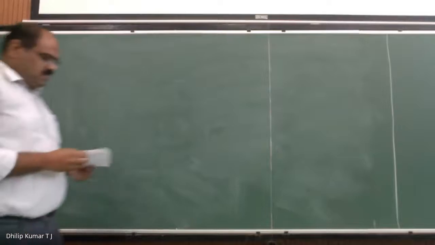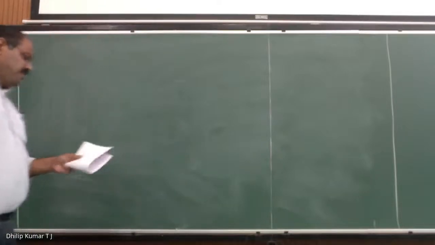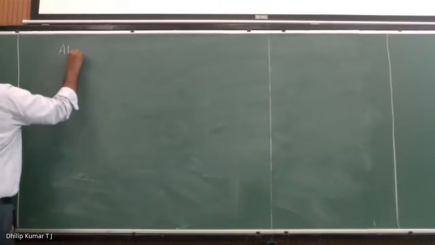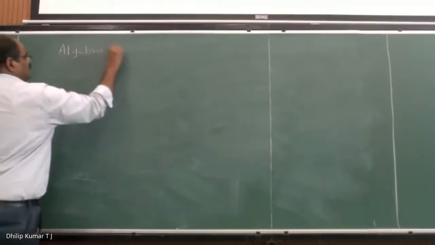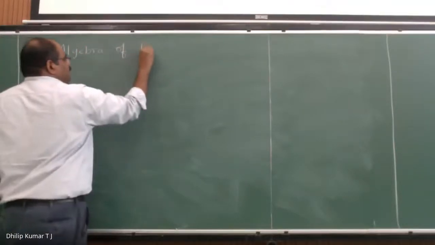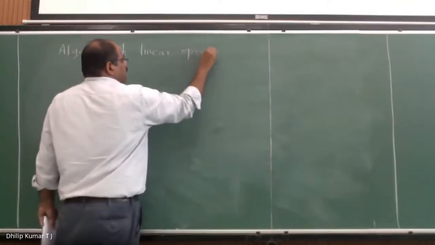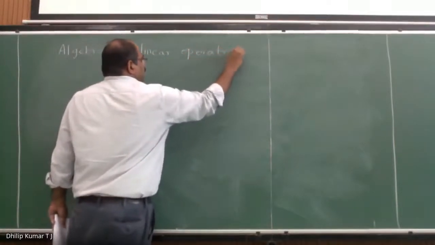So there's something called an operator. We started, right, with the algebra of linear operators. You might have heard about this. At least there are four laws.